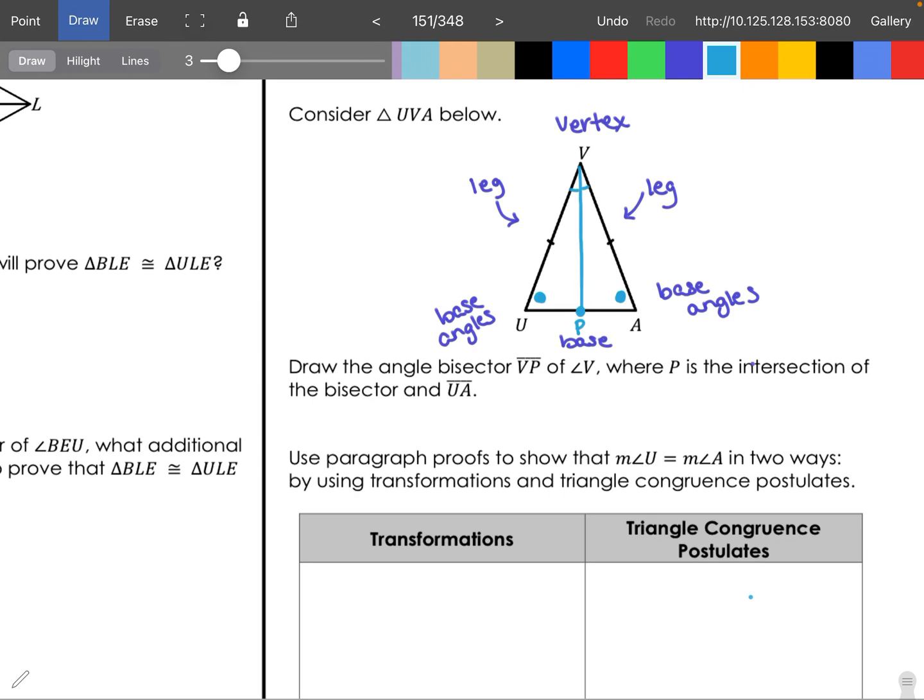So let's think about the transformation first. We know that if there's any way that we can do a rigid motion and it maps on top of the pre-image, then we know that they are congruent. So what kind of transformation, a rotation, a translation, or a reflection, is going to map angle U onto angle A?